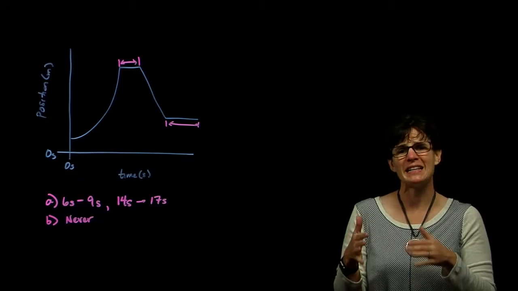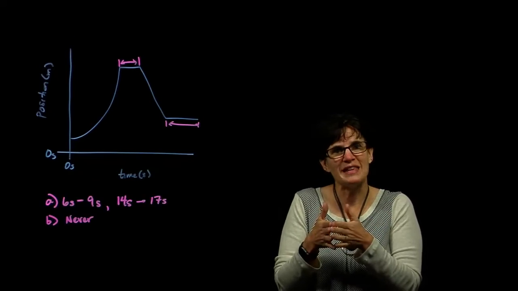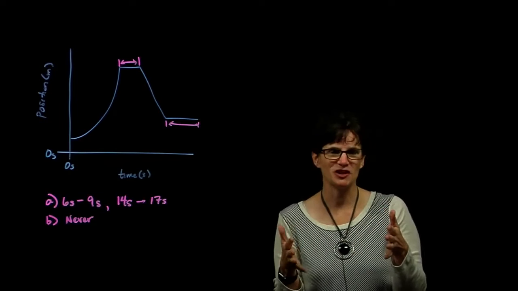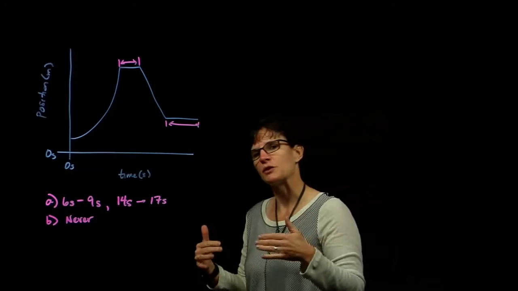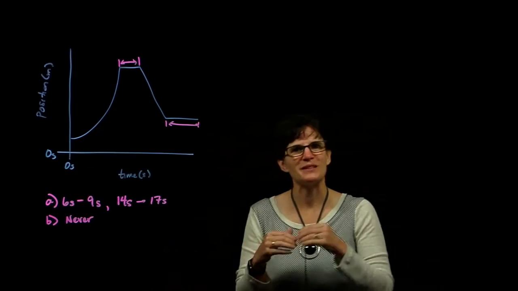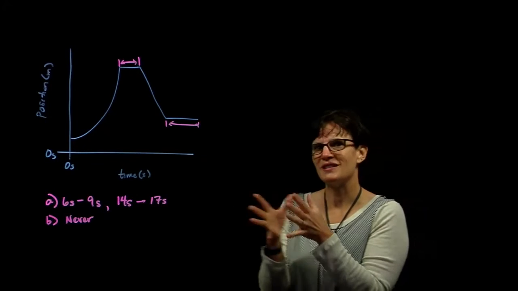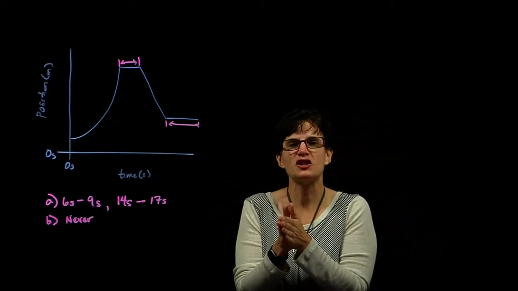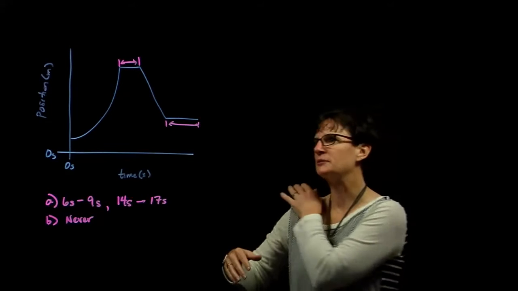So if an object is getting faster and faster, as time goes on, the position change gets bigger and bigger. If an object is getting slower and slower, as time goes on, the position change is getting less and less. So is there any time during this graph where the position change is getting bigger and bigger?